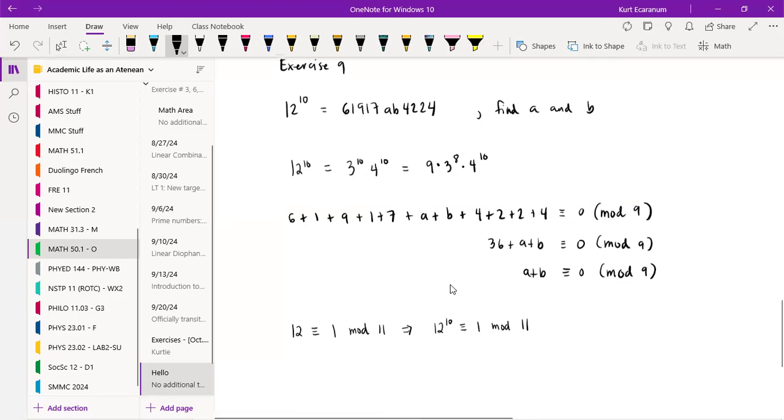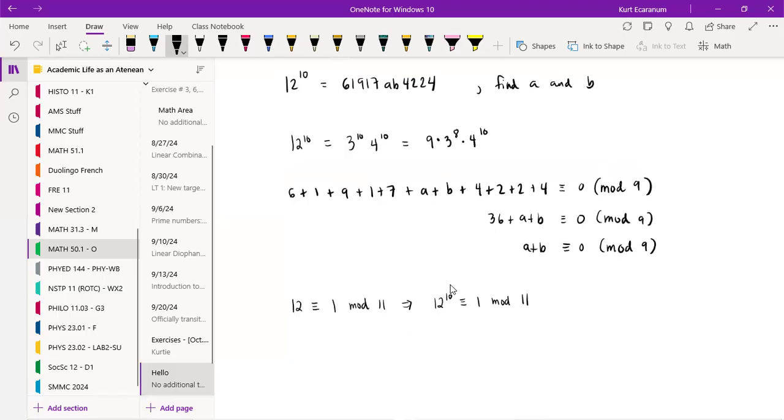So, we have 6 minus 1 plus 9 minus 1 plus 7 minus A plus B minus 4 plus 2 minus 2 plus 4 congruent to 12 to the 10, 1 mod 11.